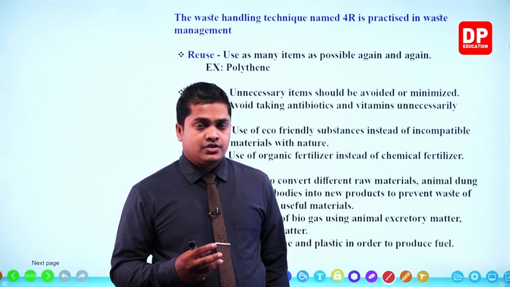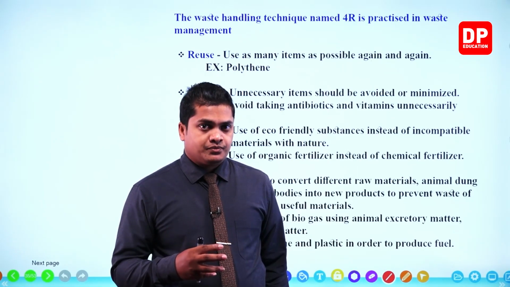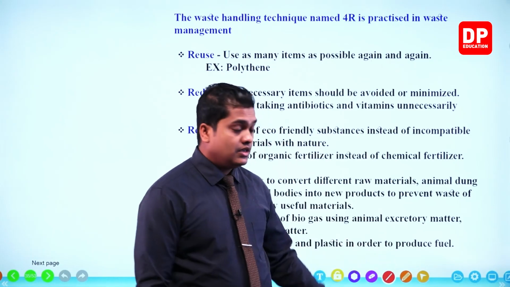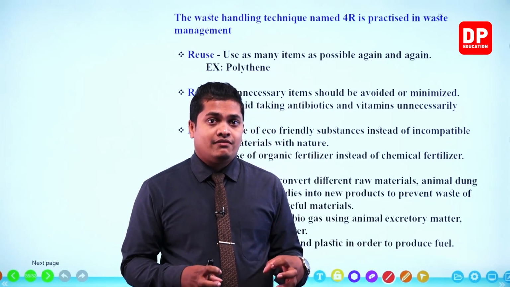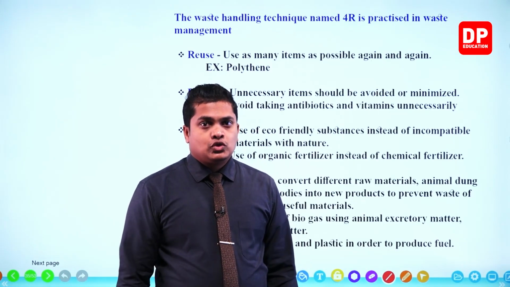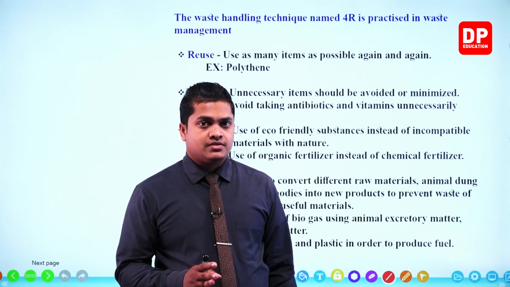And sometimes, my dear children, you know that polythene can be recycled to create hard polythene fiber, right? So like that way, there are different kinds of uses for each and every substance.